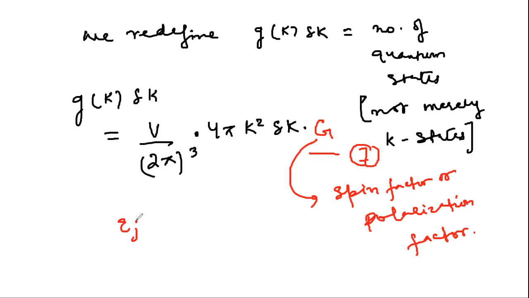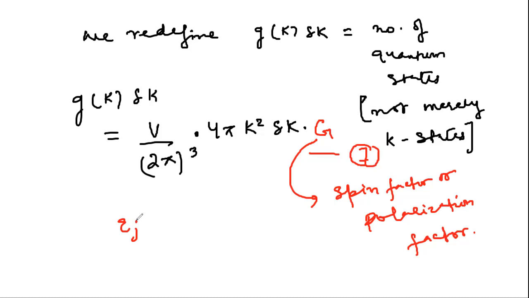We have to specify the energy of these quantum states also, because we know all equilibrium thermal properties are governed only by energy. And we know the two constraints on an allowed distribution are those of energy and the number of particles in the system, right? So we have to find that energy.